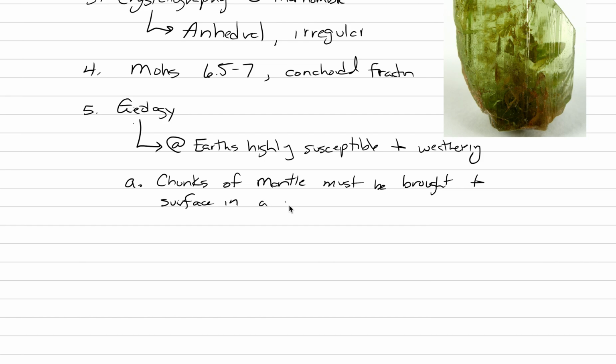And you might think that sounds highly rare, and it is fairly rare to have magma be able to travel that far and carry chunks in it, but basaltic lavas can do this. All right, so it can be found in basaltic lavas.